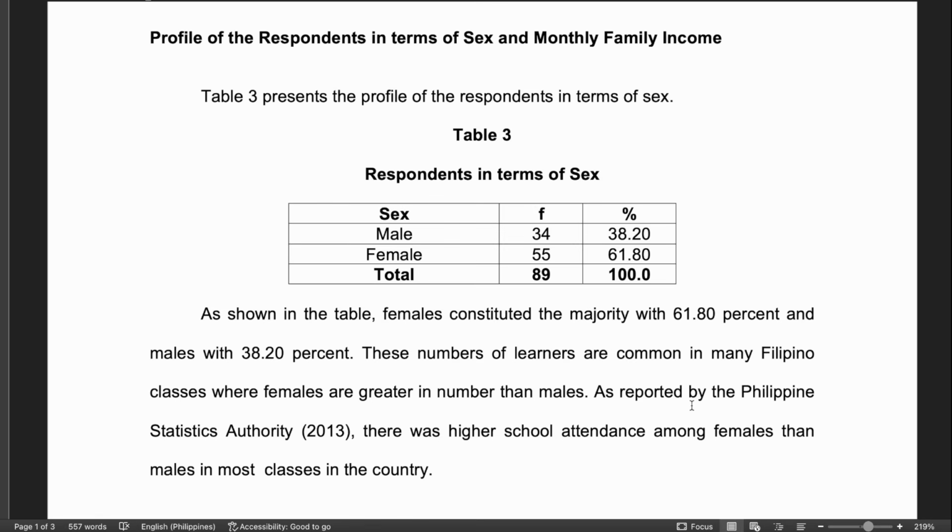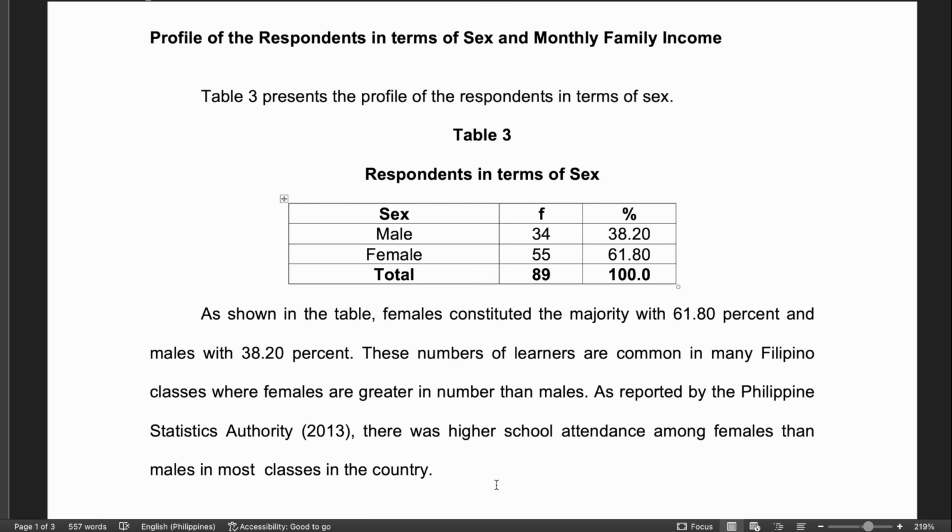As reported by the Philippine Statistics Authority or PSA 2013, there was higher school attendance among females than males in most classes in the country. So ito yung sinasabi natin kanina na merong interpretation in the context of RRL. Ibig sabihin, itong report ng PSA, nilalaman din ito ng ating RRL.